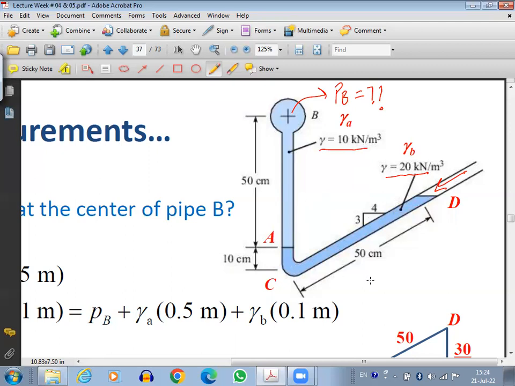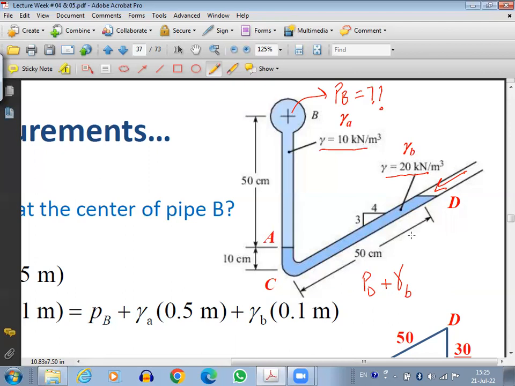So I will write here PD. Now I'm moving down, so it should be plus or minus? Plus. This is gamma fluid B, gamma B, multiplied by the vertical height.